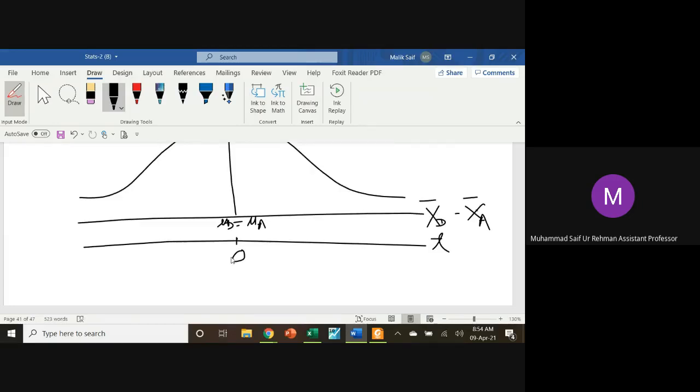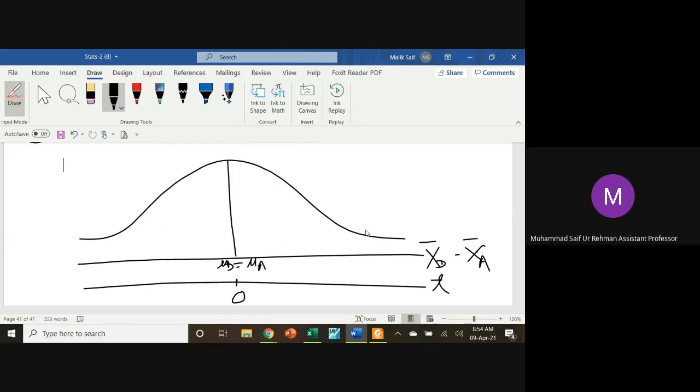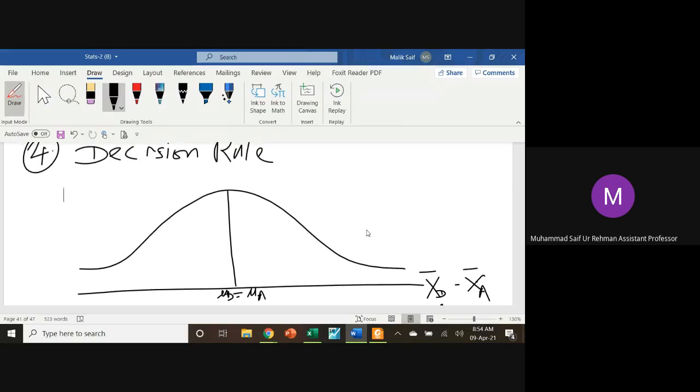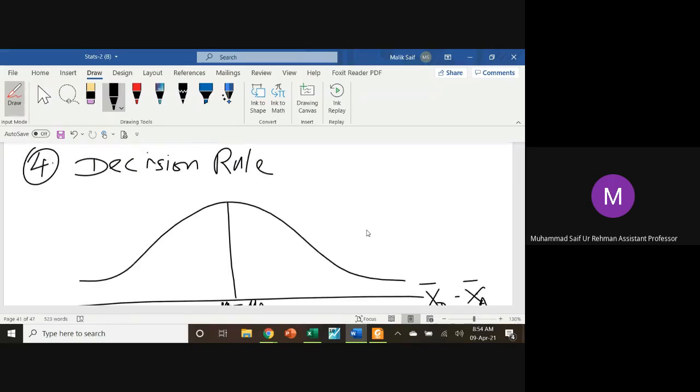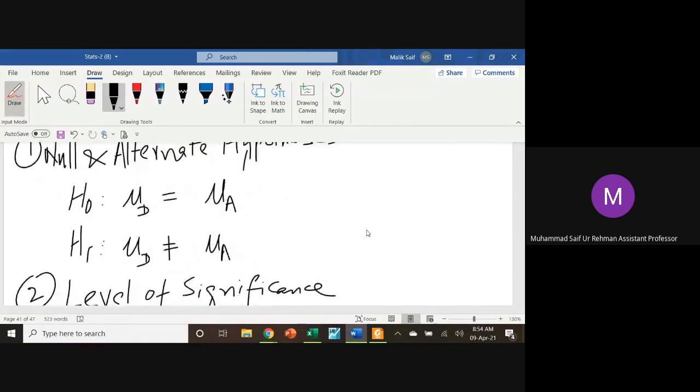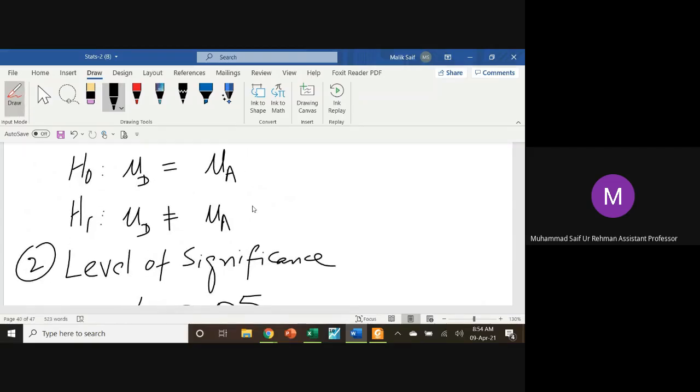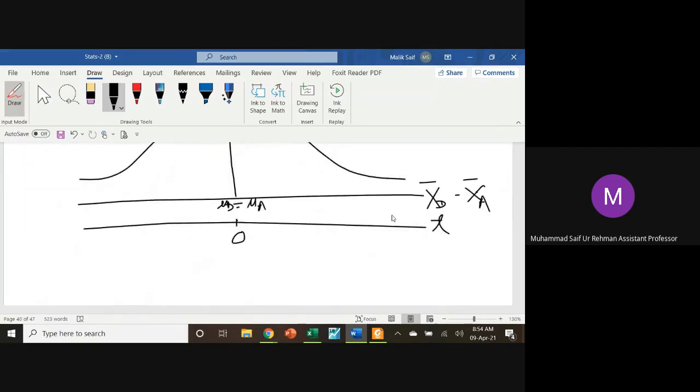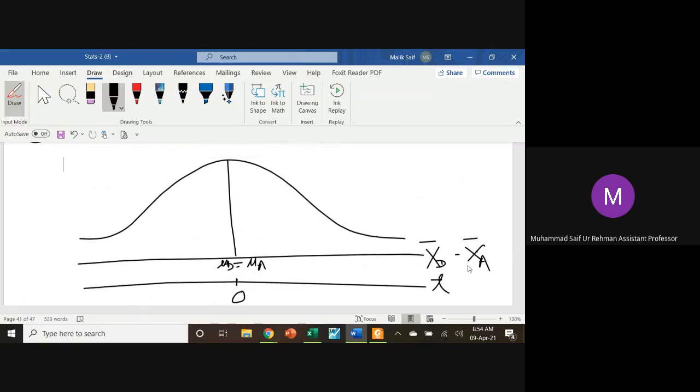Now you have to put the tails in the distribution. For that, you have to see the null and alternate hypothesis. In the null hypothesis, the equality sign is there. It means that this is a two-tailed distribution. So you have to put two tails, lower tail and upper tail.